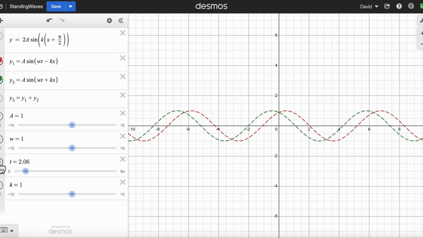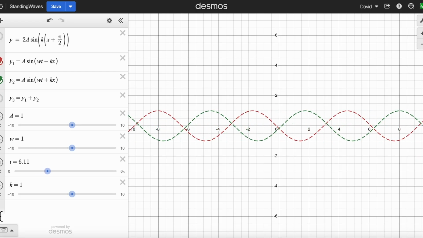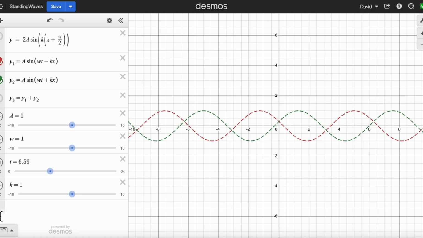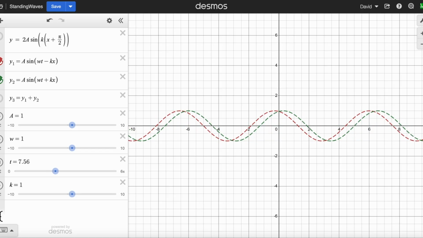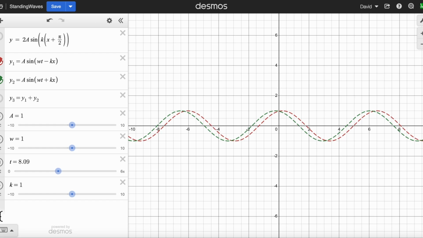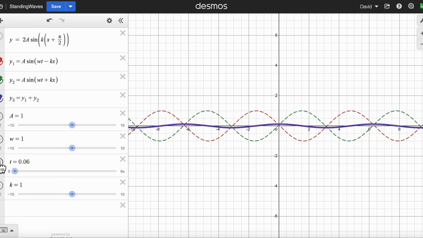Now, if you watch these two waves sliding past each other, you can see that there are points where they are out of phase with each other and cancel each other out, and there are times when they are in phase and reinforce each other. Now I will include the purple wave, which is the result of adding the red and the green waves together.